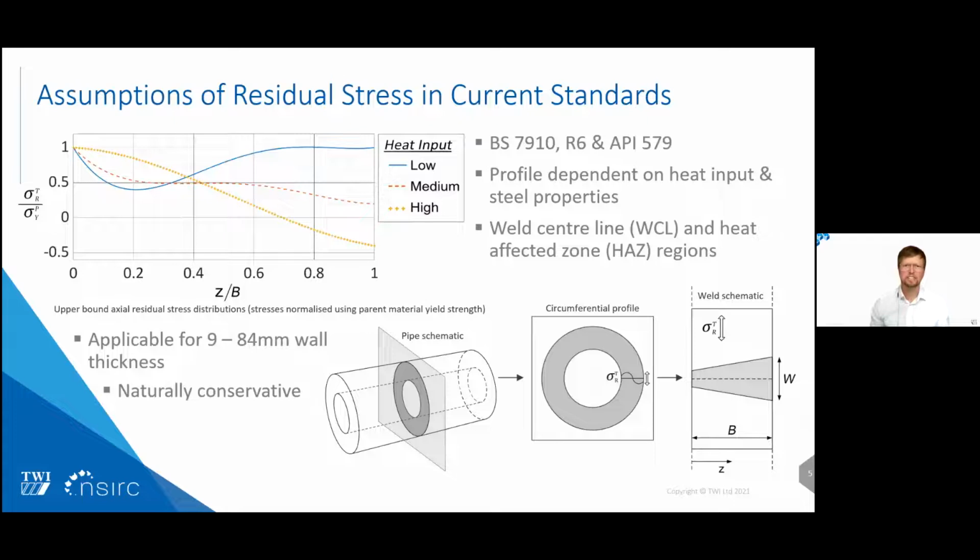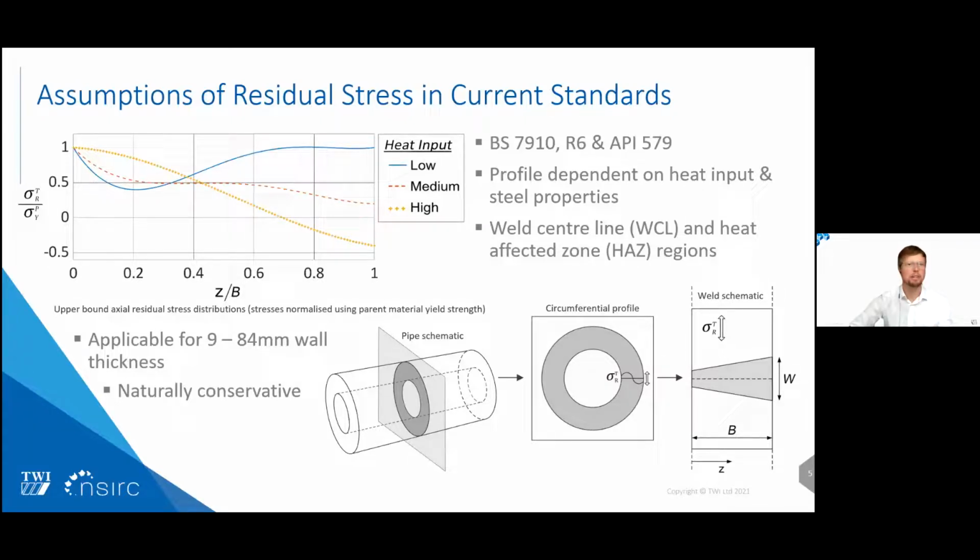These cover quite a large range of different pipes, and because it's only dependent on 2 properties, you can give a very general estimate, and these are upper bound estimates. But what I'll be talking about today is what other parameters that aren't considered might also have an influence on residual stress and what that could potentially mean.